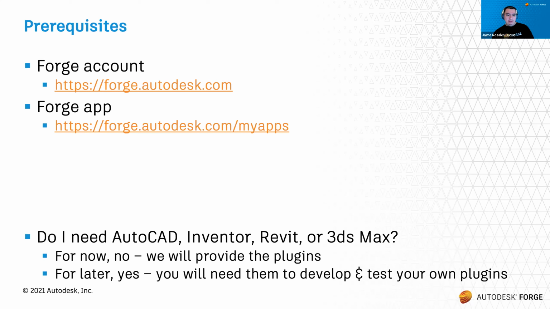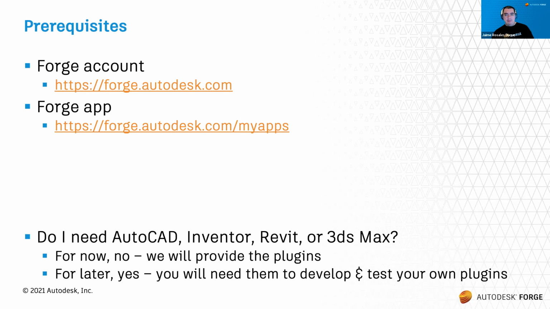The question is, do I need AutoCAD, Inventor, Revit, or 3ds Max on the machine? No, actually, for this session you don't need it. We will provide you the plugins in order to interact with that.